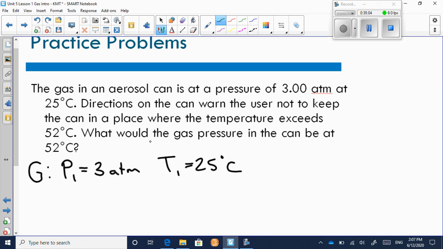What would the pressure in the can be at 52? So we'll say P2. Oops, sorry, that's not a pressure, that's a temperature. Fix that up. T2 is equal to 52 degrees Celsius. So required, what is P2?